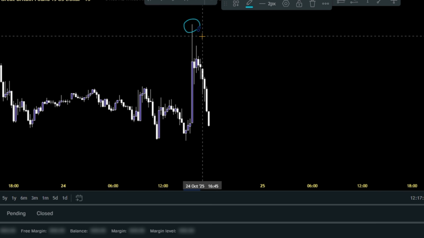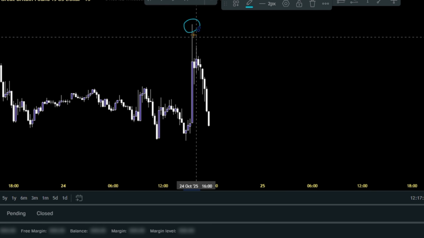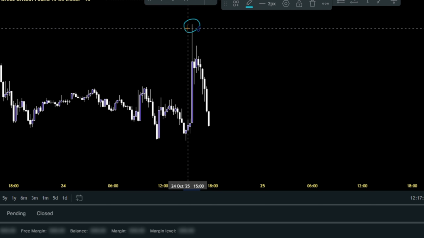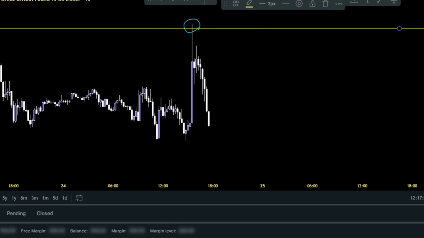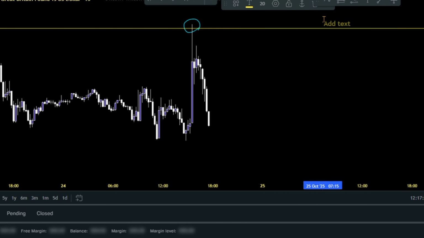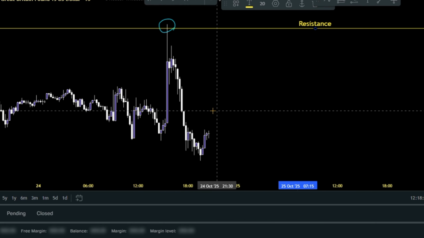You can see right there that the price reacted to this level with this wick and started moving down. So this can be our potential level of resistance. So we draw there a line and let's label it resistance. We also have this level right here.